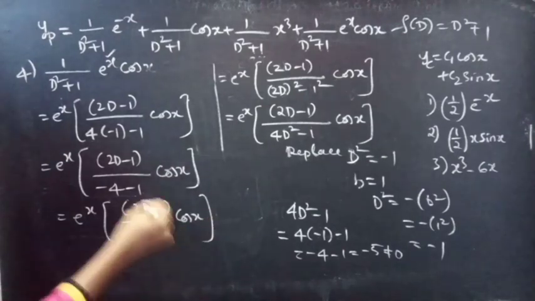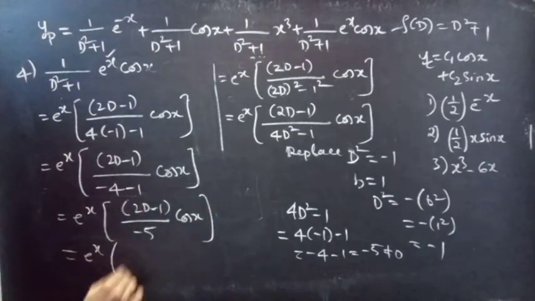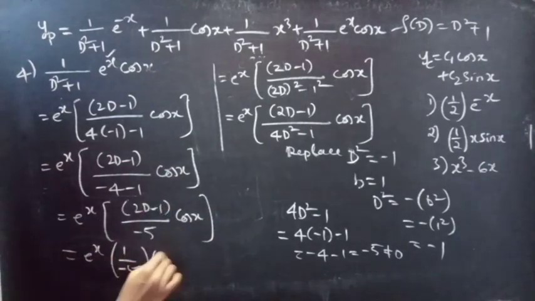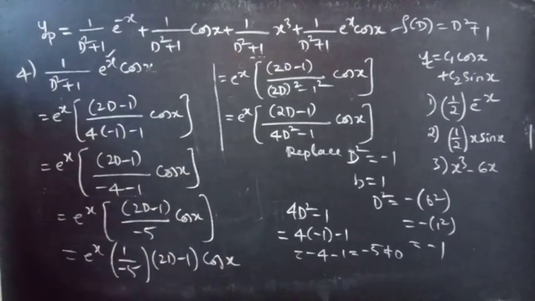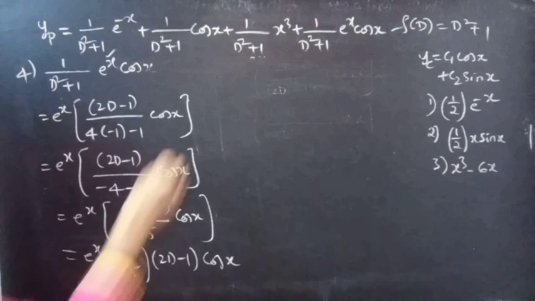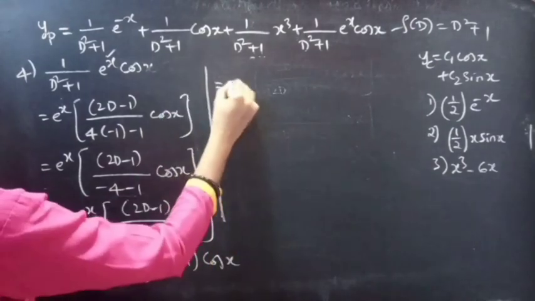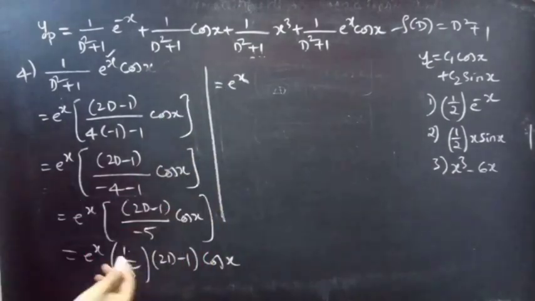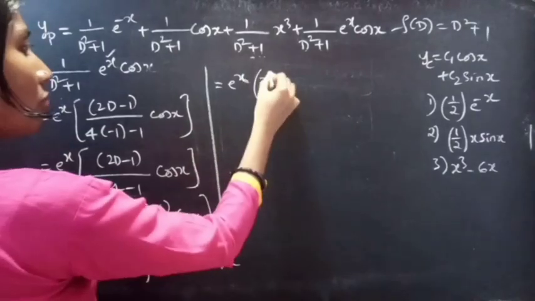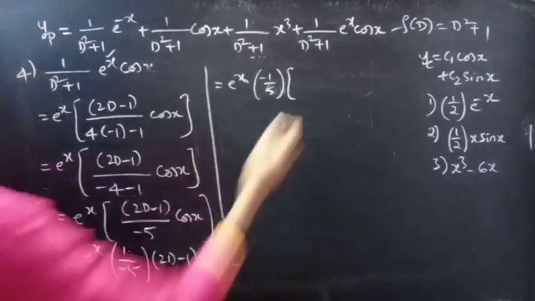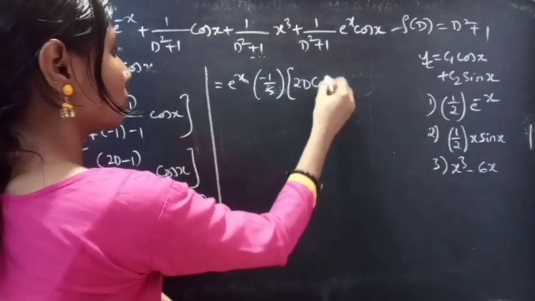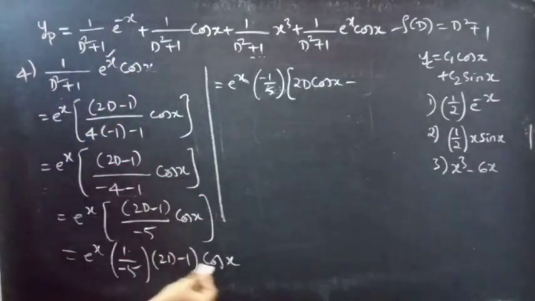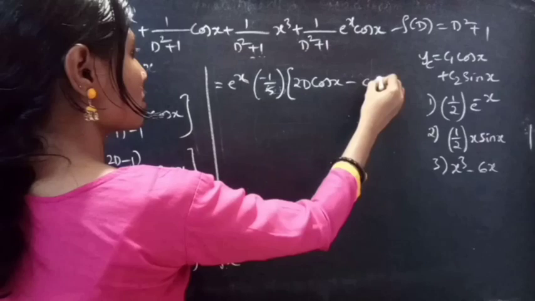Now we can split the fraction as 1 by minus 5 into 2d minus 1 into cos x. We know that 1 by minus 5 can be written as minus 1 by 5, right, into 2d cos x minus 1 into cos x is cos x.